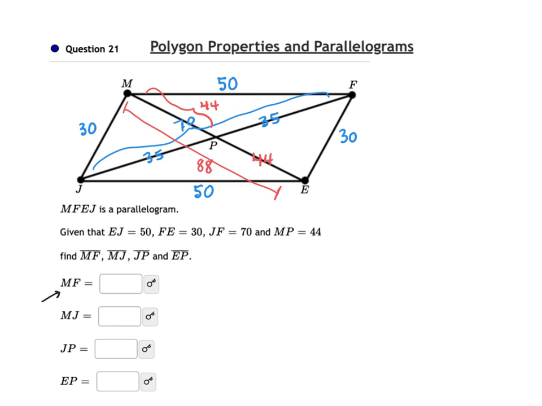Looking below, MF is 50. MJ is 30. JP is right here. It's 35. And EP is from here to here. It happens to be 44.